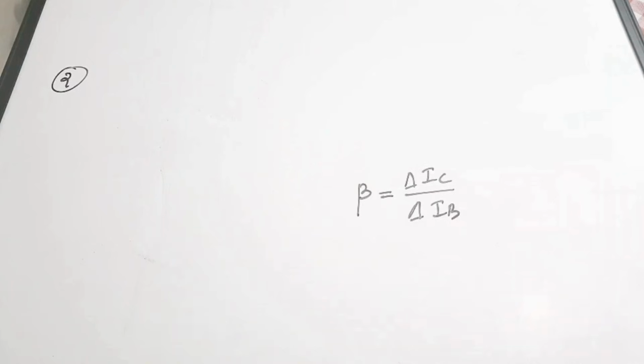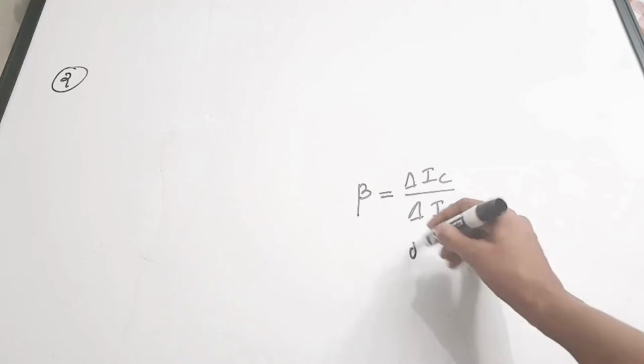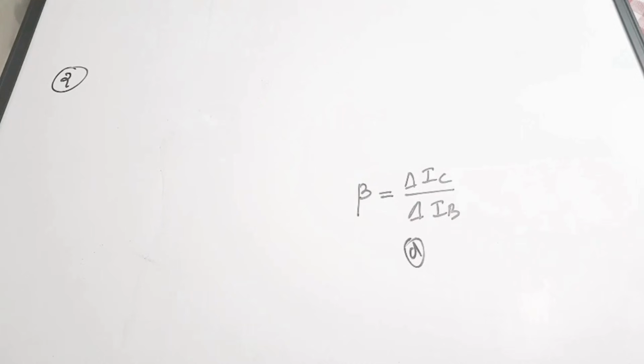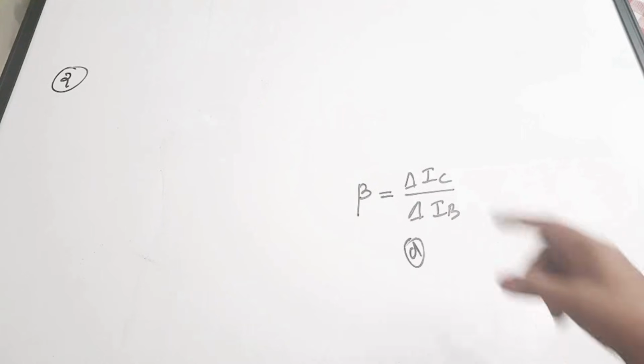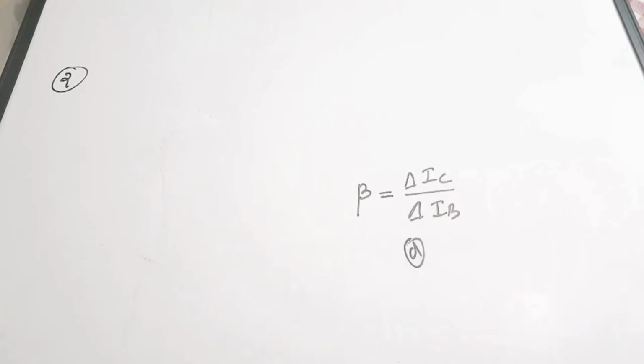So when the signal is applied, it is called AC current gain. The correct answer is option D. AC current gain is the ratio of delta IC to delta IB. Okay, so moving on.